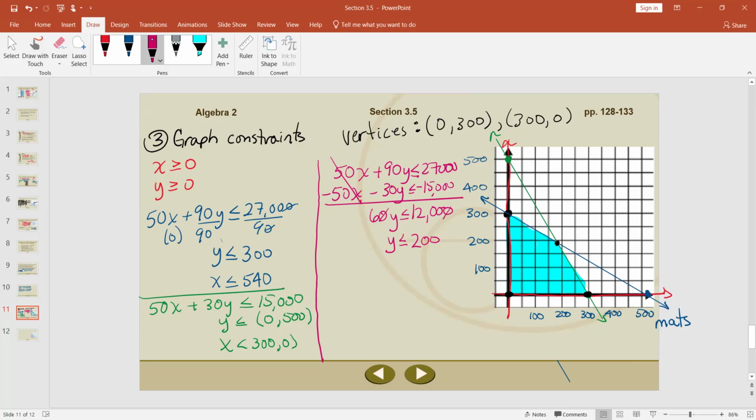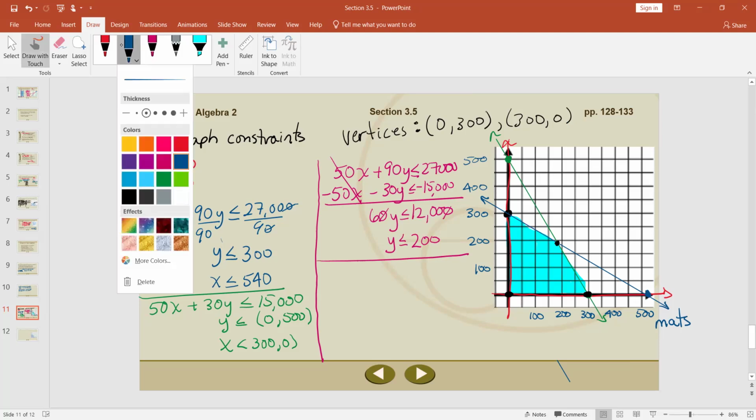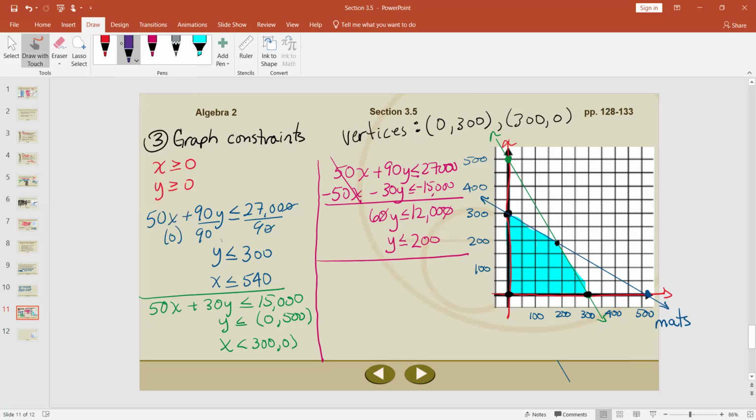I'll plug it into one of them. Well, let's plug it into the smaller one. So actually, it really doesn't matter which one we use.